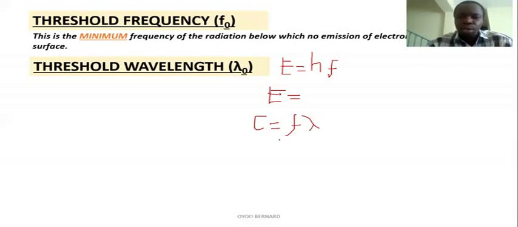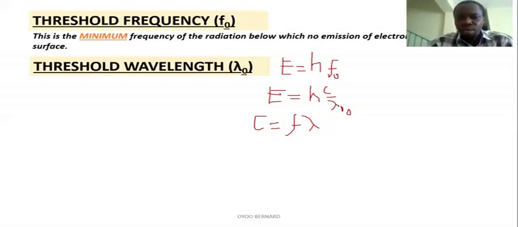We can make f the subject of the formula, and we therefore get f equals c over lambda. For the first case, that was f naught; we're going to discuss the energy that you get when you multiply h by f naught, the threshold frequency. Here, as you can see now, lambda, which is the wavelength, is in the denominator.